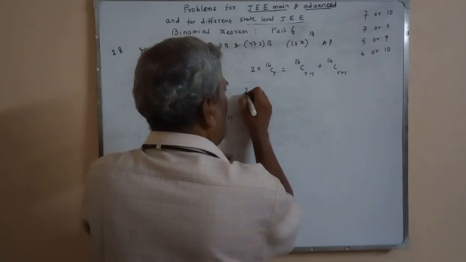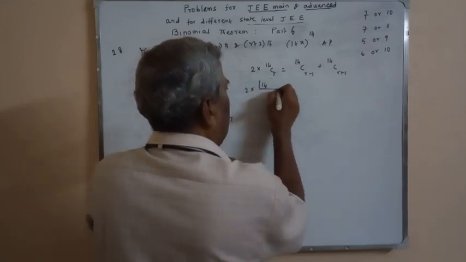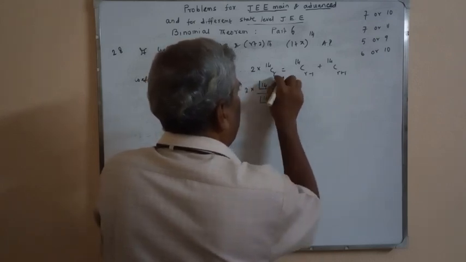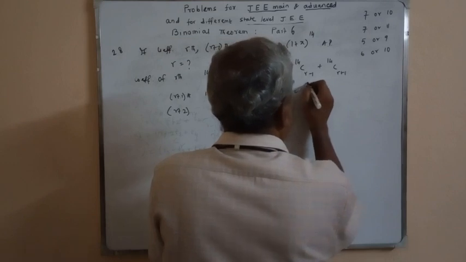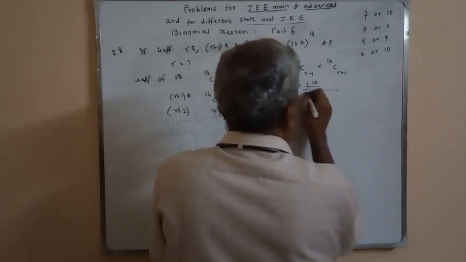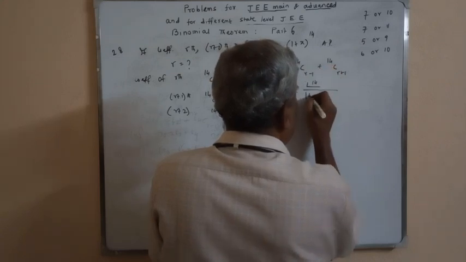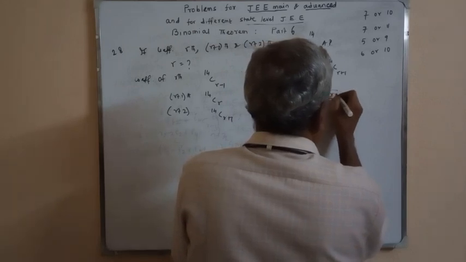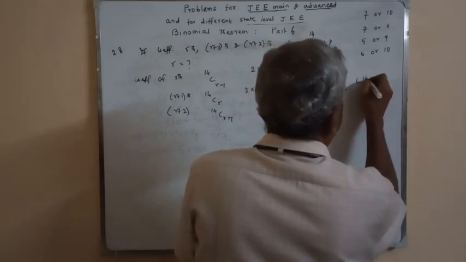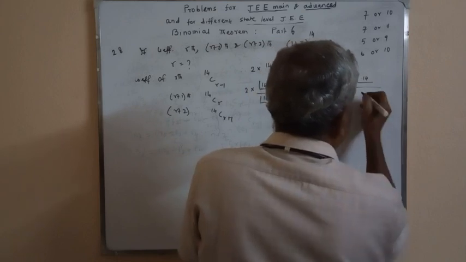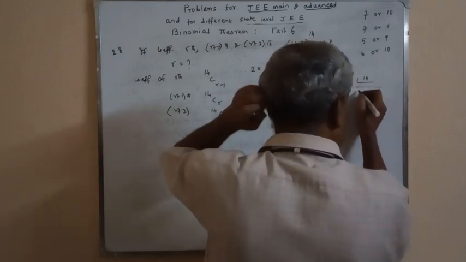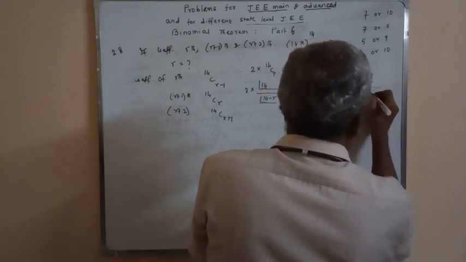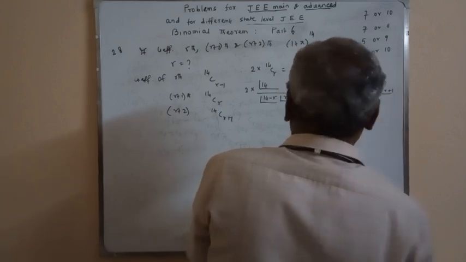Simplify. 2 into factorial 14 by factorial (14 minus r) into factorial r is equal to factorial 14 by factorial (15 minus r) into factorial (r minus 1), plus factorial 14 by factorial (13 minus r) into factorial (r plus 1).